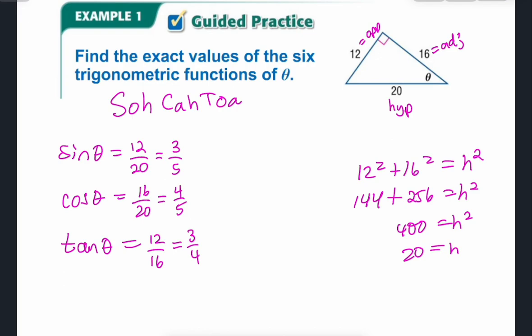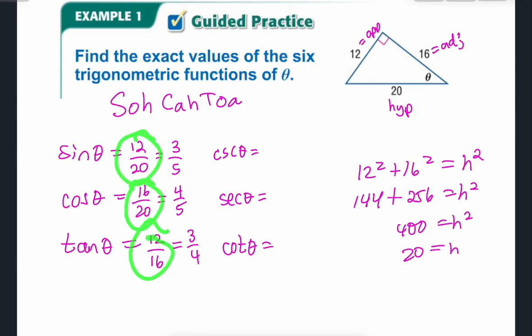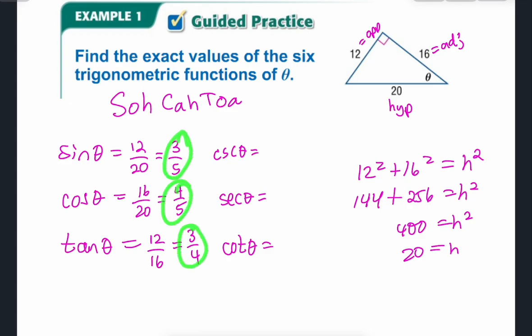So now that leads us to our reciprocals. Now again, always write your reciprocals in the same order. This is cosecant. The reciprocal of cosine is secant. The reciprocal of tangent is cotangent. Now, you can flip over the originals, but you already took the time to reduce them. So flip over the one that's easiest and saves you the most time.